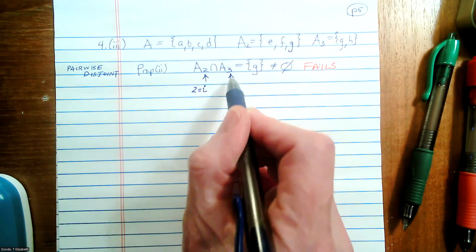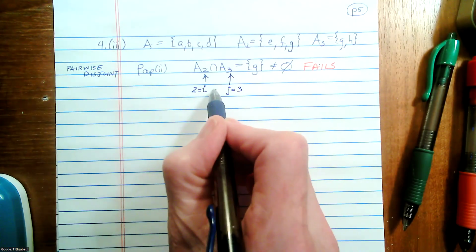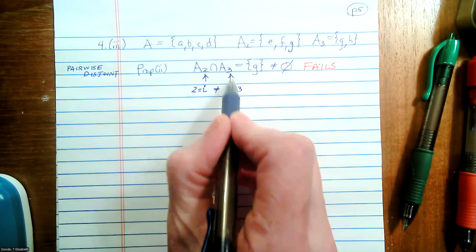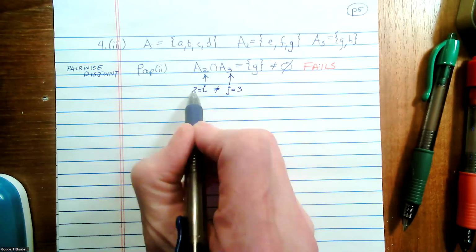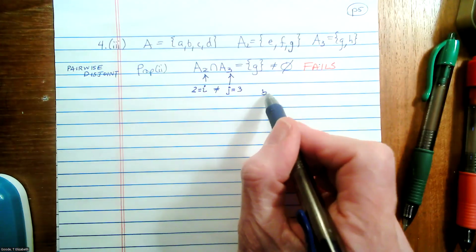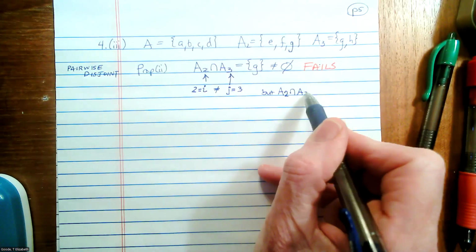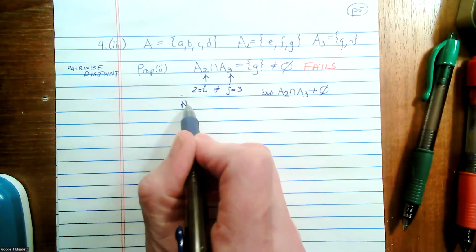Oh, never mind, never mind. I is 2. We can call J 3. These indexing numbers aren't equal, but A2 intersect A3 is not empty, so they're not pairwise disjoint.